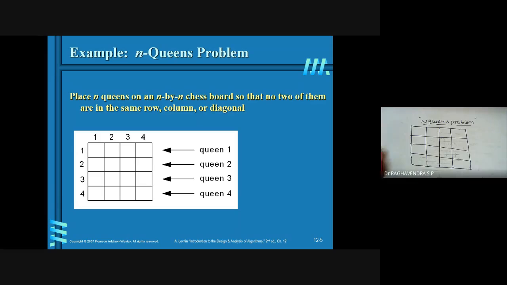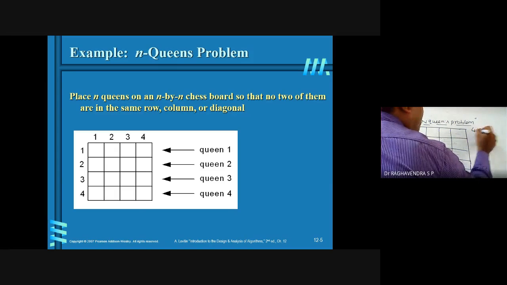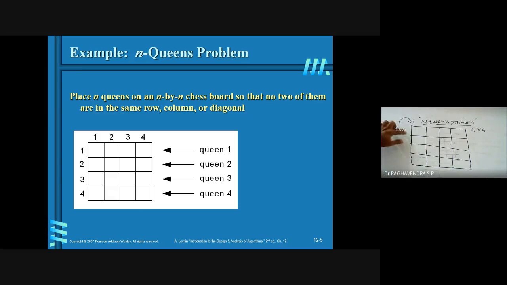So I have to place the 4 queens now. I have to place 4 queens on this chessboard, because this chessboard is of the dimension 4 cross 4. 4 cross 4 means we have 4 rows and 4 columns. So now how to place the queens here? The first condition is no same row.